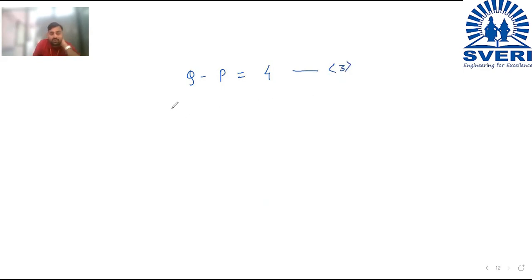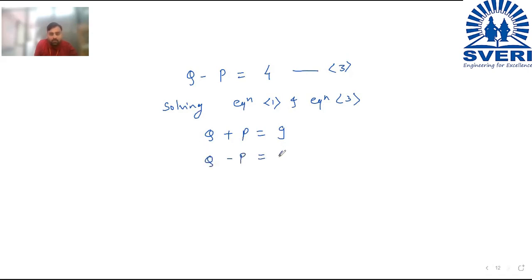Okay, so now you have two equations. Solve those two equations. So solving equation 1 and equation 3. What is your equation 1? Your equation 1 is p plus q is equal to 9. So I will write it that way, q plus p is equal to 9. This is my equation 1. It is addition, so write it in any order, it makes no difference. And equation 3 is q minus p is equal to 4.